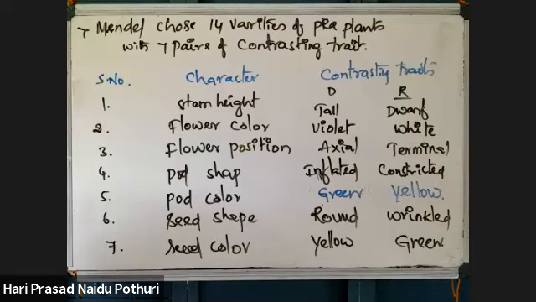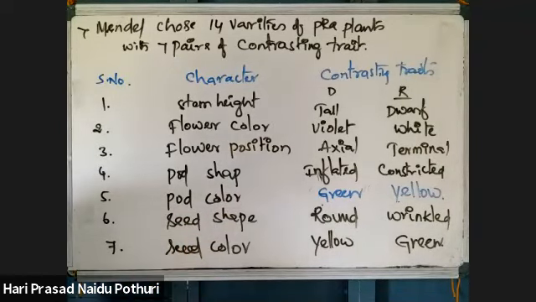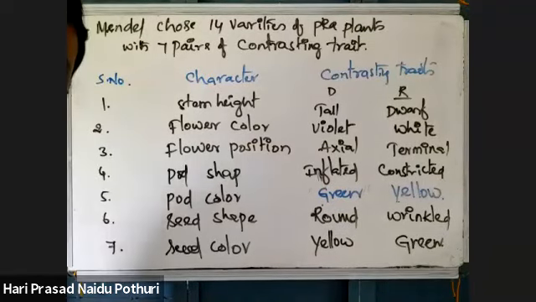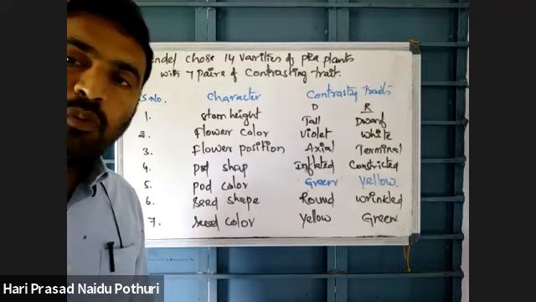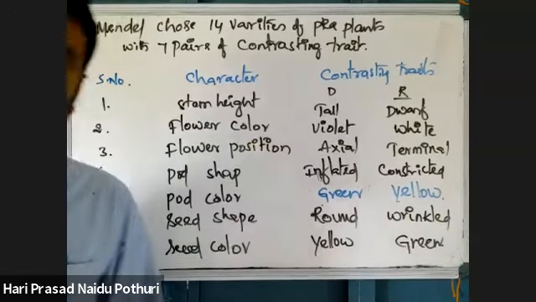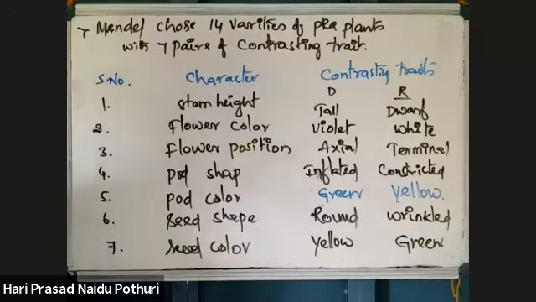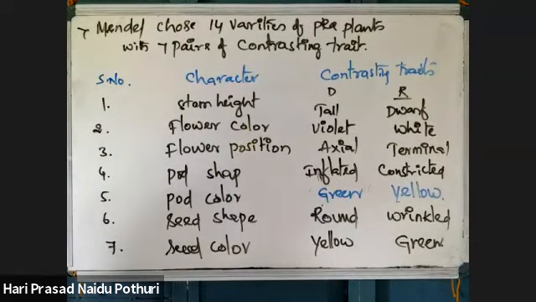Pod shape, inflated, constricted. Pod color, green, yellow. Seed shape, round, wrinkled. And seed color, yellow, green. Each character has 2 contrasting traits. Pod color, green is dominant, yellow is recessive, but seed color, yellow is dominant, green is recessive. So 7 into 2, totally 14 varieties will come.